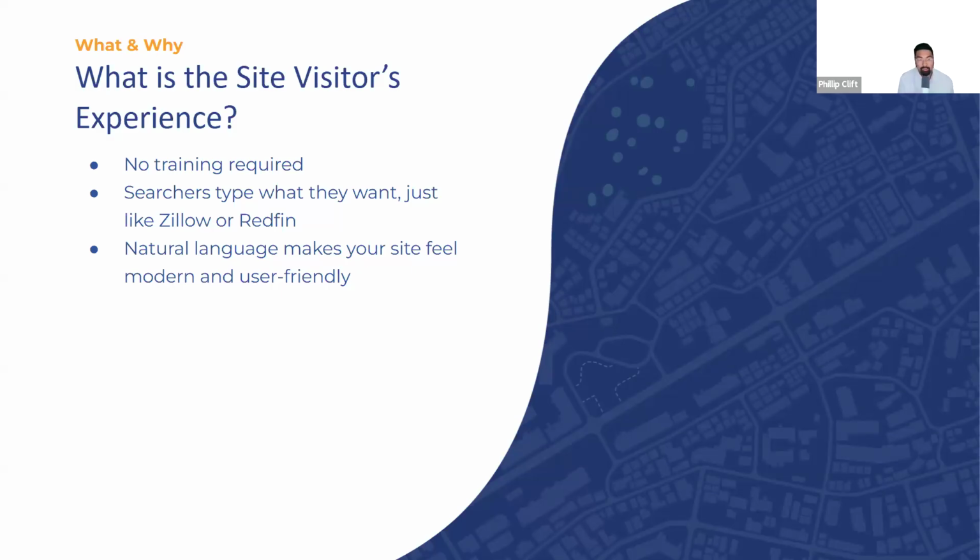So with this, we hope that this means less friction for your site visitors, less bounce, and more engagement, which ultimately is going to help your SEO and your organic lead generation, and really not create a learning curve for your site visitors on how to navigate your site to search for homes. So it's all about making this feel more intuitive to the experience they're already used to.